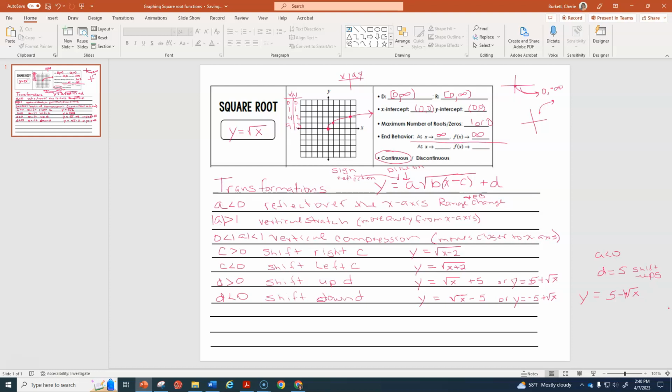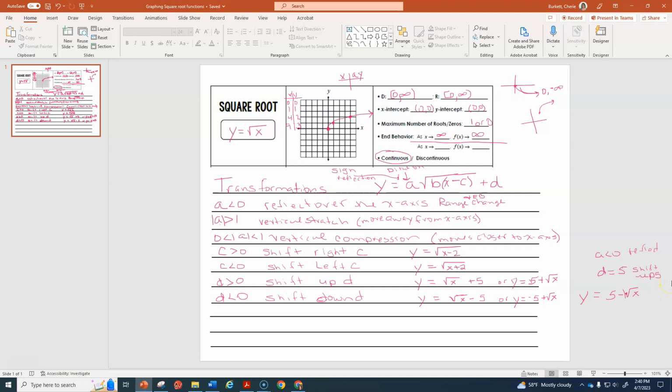So we have A is negative, and that's going to reflect it. Okay, so be careful when you see a problem like that. 5 minus the square root, that does shift up 5, but the minus in front of the square root of x is the same thing as having a negative 1 being multiplied by that, which causes a reflection.